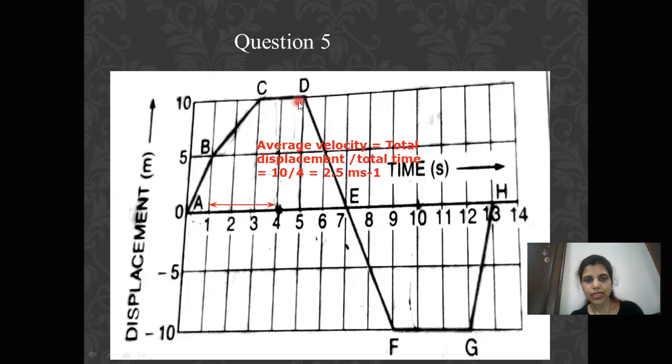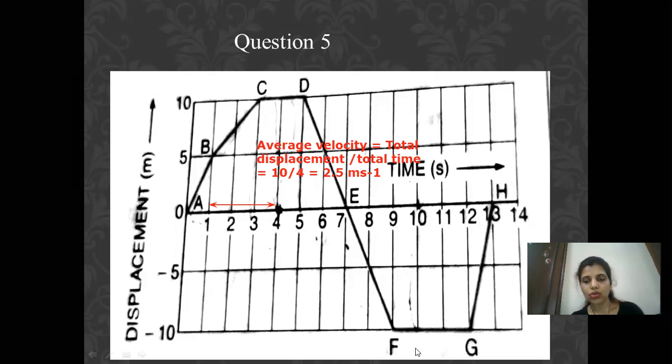Then it was constant, meaning it was at rest. After that it came back to the original position, and then it started traveling in the opposite direction. So when it comes to the 10 seconds, you can see that the displacement over here is minus 10. So you have to write minus 10 meter.